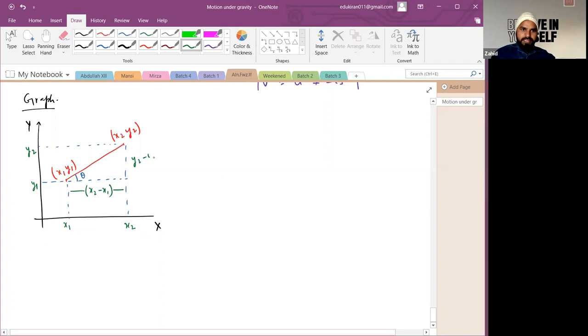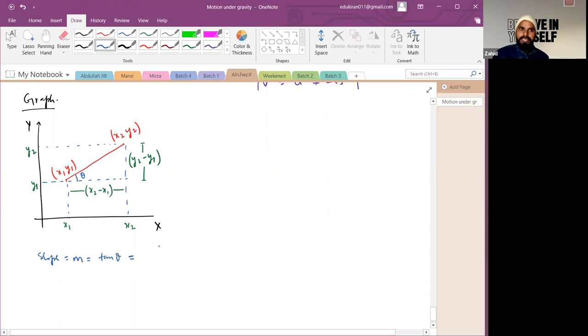So if you subtract these two terms, you will get y2 minus y1 to this part. Now, in this triangle, we have both base as well as perpendicular. So if you want to calculate slope, which may be represented by m, it will be equals to tan theta.